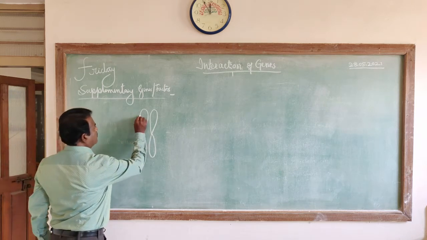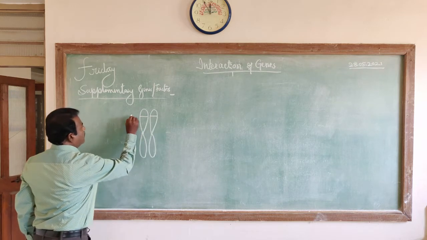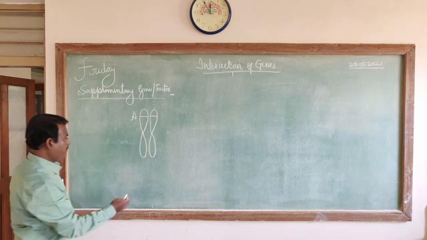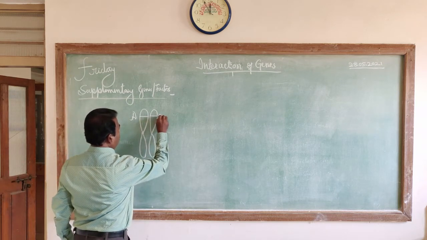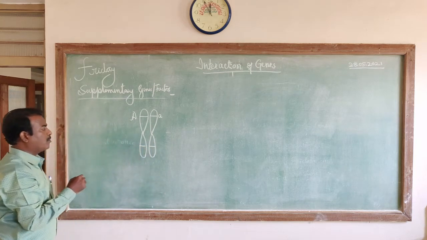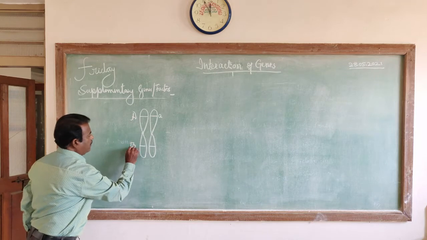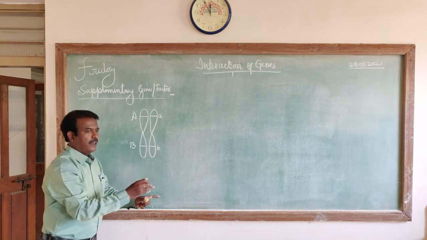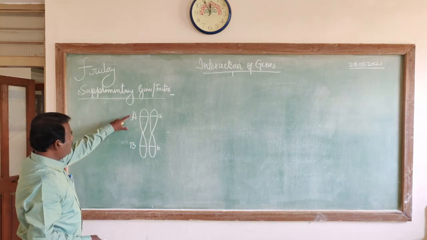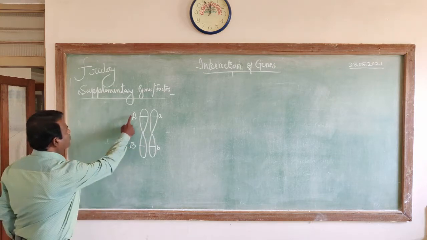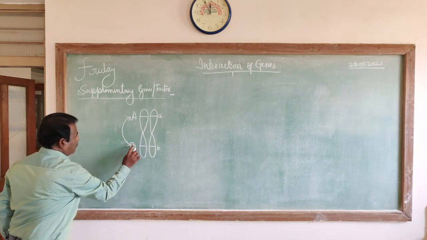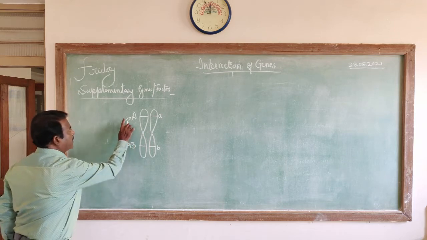Here, let me say this is capital A and small a, and here on another locus of the homologous chromosomes is a capital B and a small b to express another phenotype. If these two are considered to be supplementary, they have to interact with each other. Capital B gene, dominant gene, must interact with the capital A.